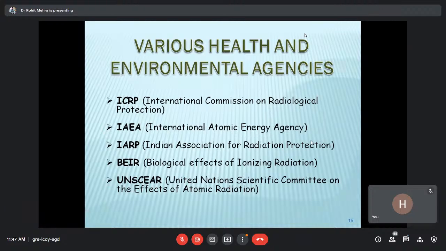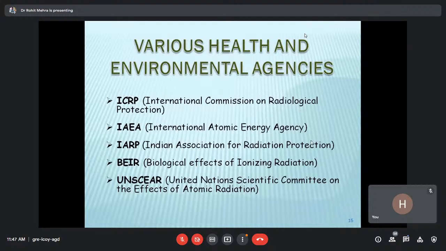Now there are few agencies who are working in this area, that is ICRP, IAEA, that is International Atomic Energy Agency, IARP, Indian Association of Radiation Protection, BEIR, Biological Effects of Ionizing Radiation, and UNSCEAR. So those are the agencies.